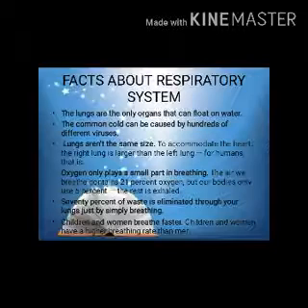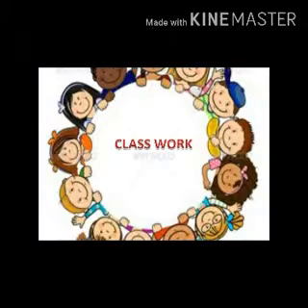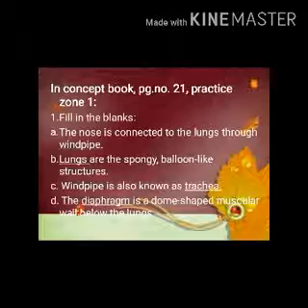Thank you. Okay, now we are going to see the classwork. So take your concept book and practice zone 1. That is on page number 2. In these questions, you have finished some of the questions already, no? Just make sure about your answers, right?